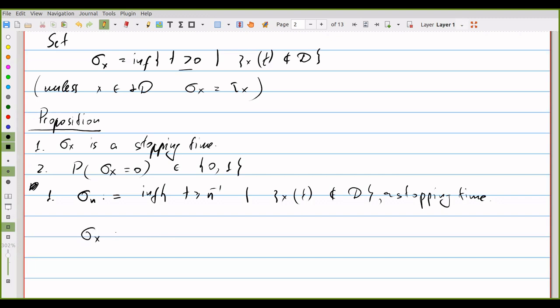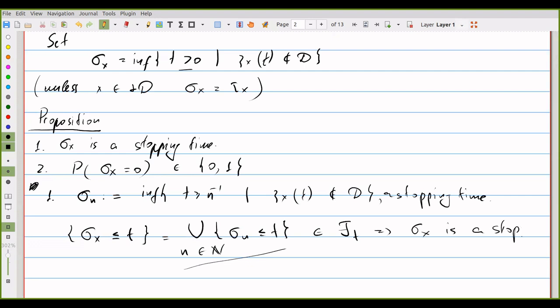And sigma x less than t is just a union of situations where this happens. And since these ones are stopping times, this belongs to here. So sigma x is a stopping time.